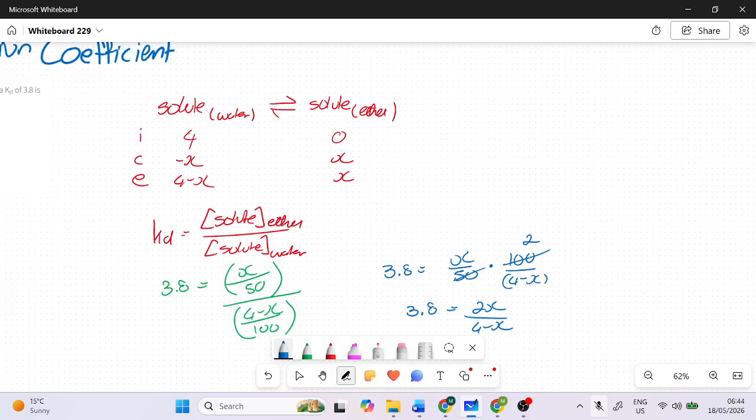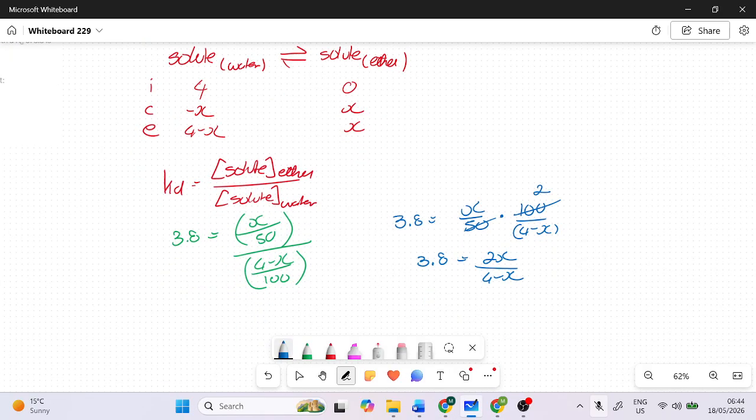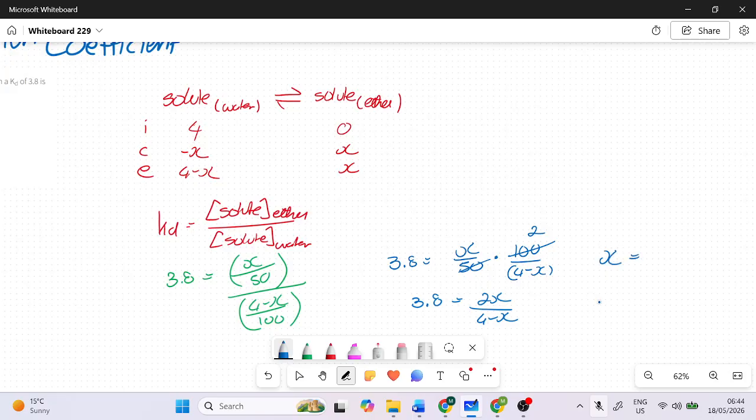Honestly, for me, it makes no difference. What you should realize is that there will be an x for this one. x equals 2.62 grams. And you might tell me 2.62 is less than the 3.17 we had before. But that's just the first one.